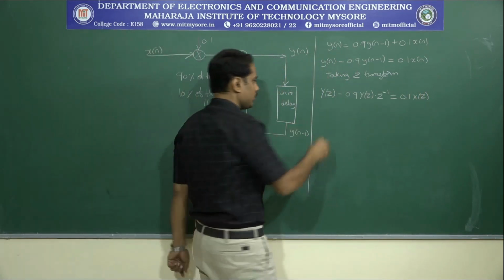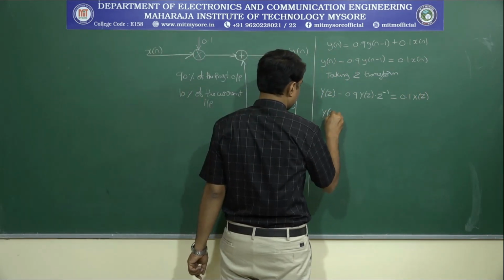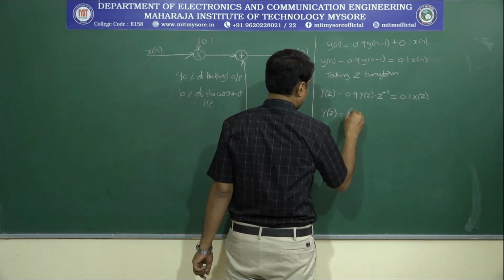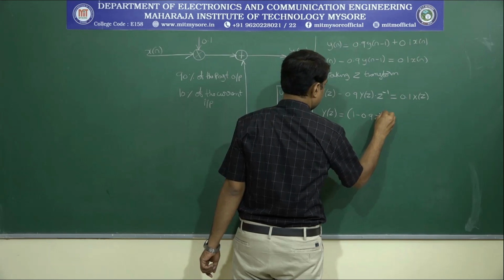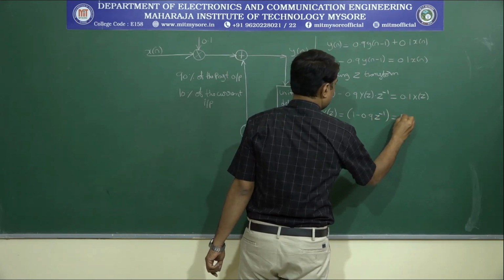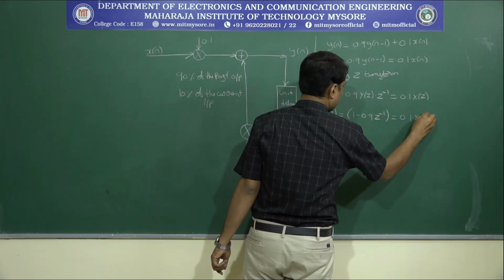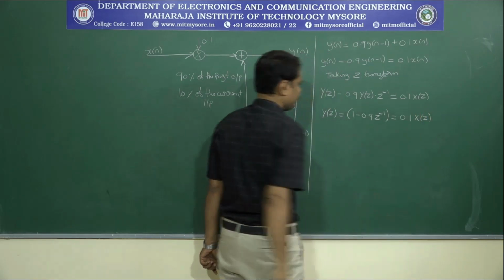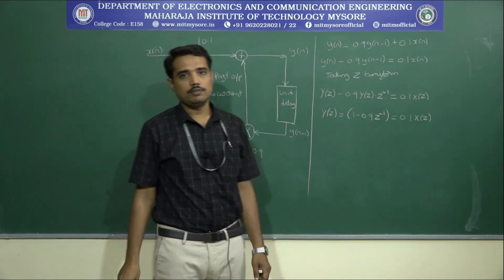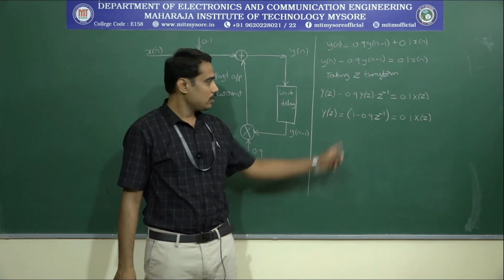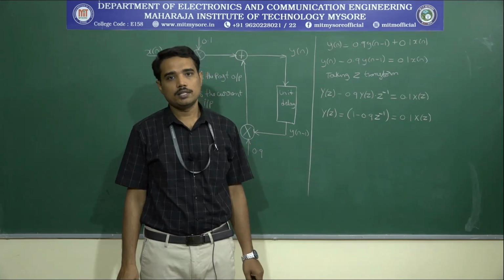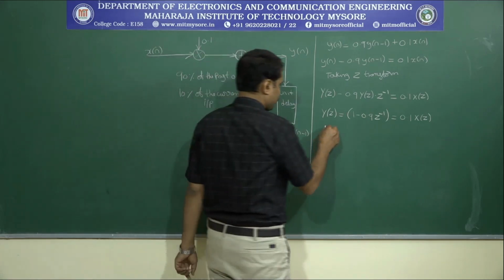For simplification, taking y of z as common, we are left with 1 minus 0.9 into z inverse, that is equal to 0.1 into x of z. For transfer function, we know that it is the ratio of output by input. So y of z by x of z gives the transfer function.